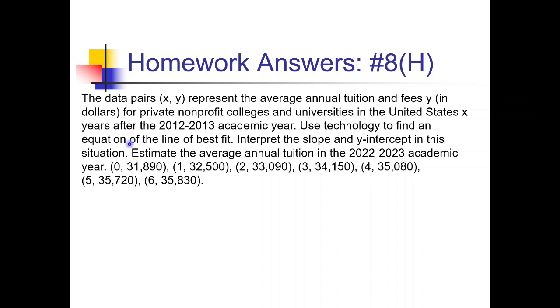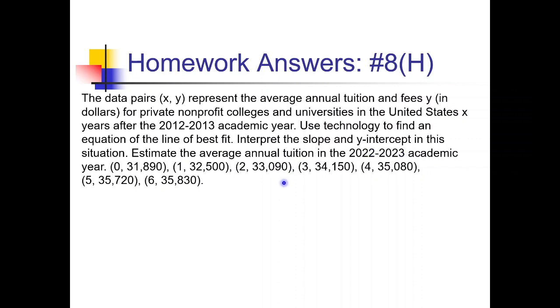So that means this first one, 0, 31,890, means that the tuition in 2012-2013, because it's 0 years after that, was our tuition there. So using technology, we want to find an equation of line of best fit for all of this, interpret the slope and the y-intercept, and then estimate the tuition in 2022, 2023.